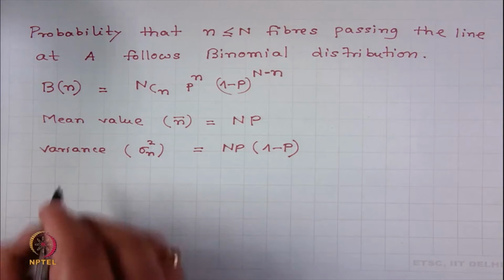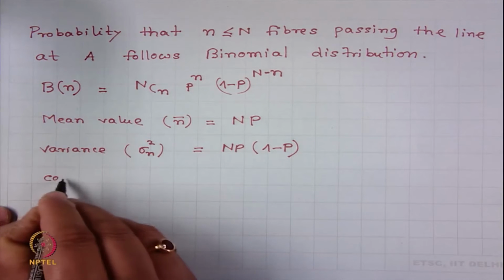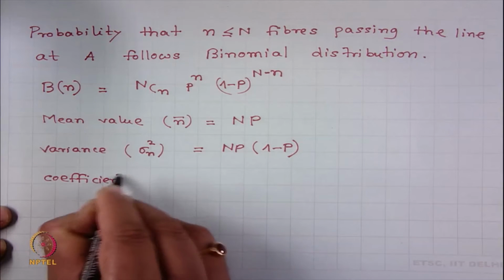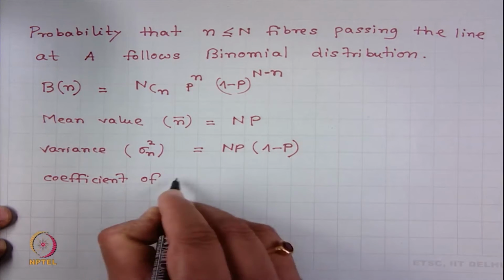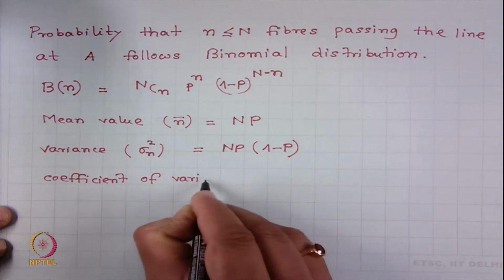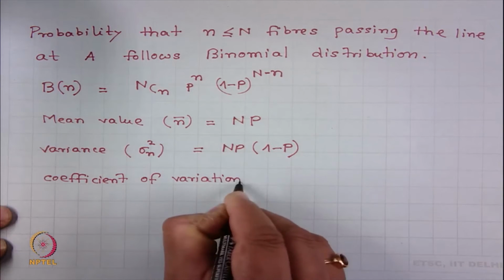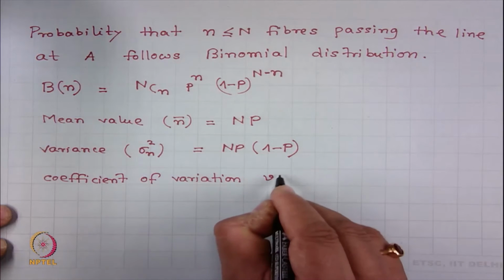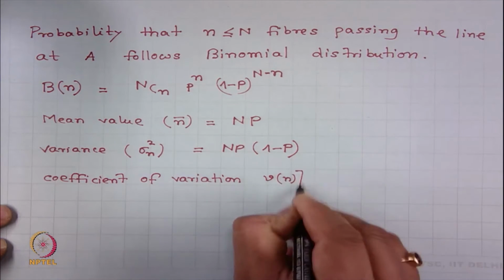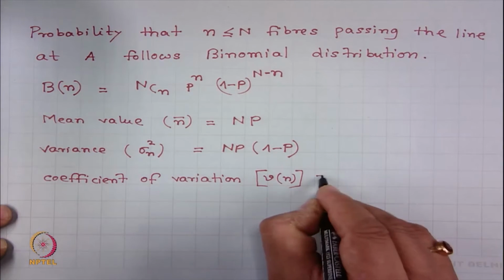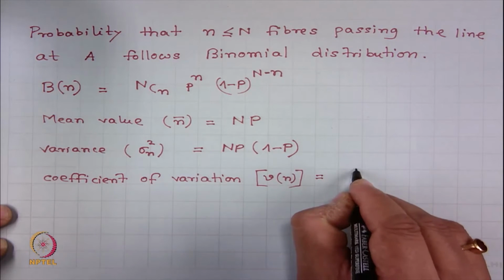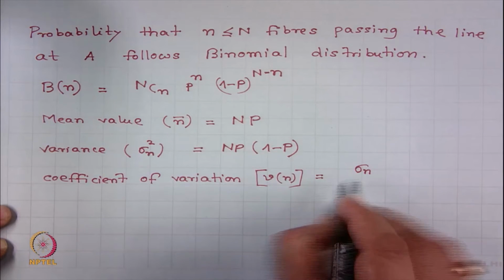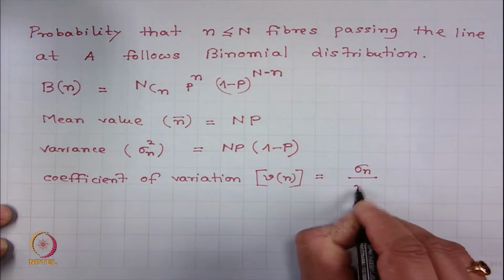Then the coefficient of variation is equal to the square root of variance, that is the standard deviation, divided by the mean.